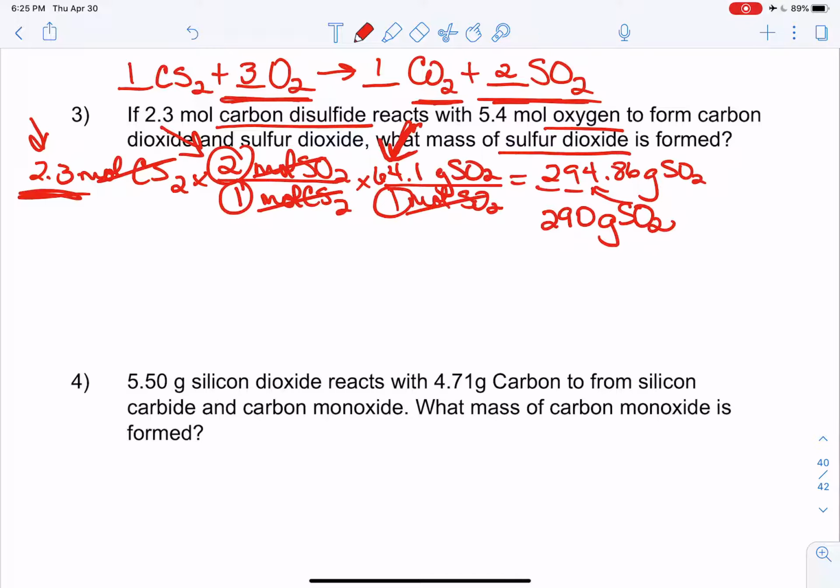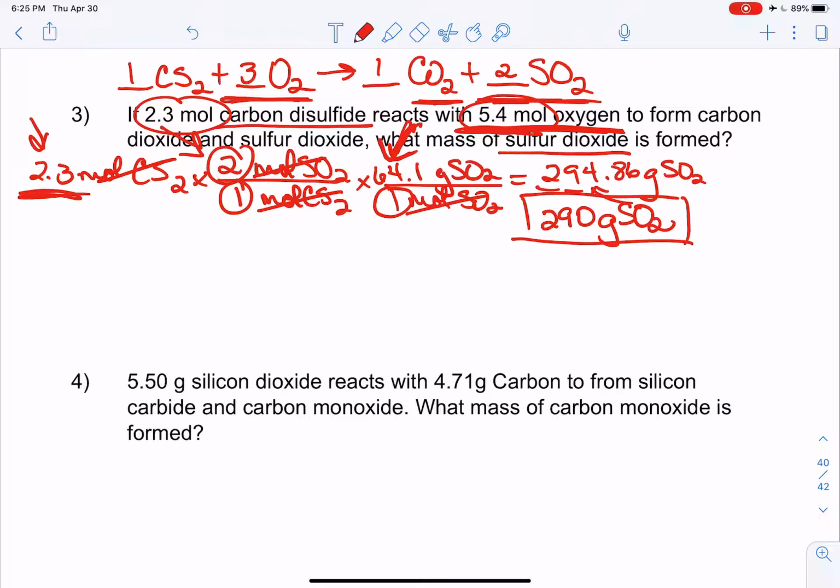And so we can possibly make 290 grams of SO2, but we need to see how much SO2 we can form with that 5.4 moles of oxygen. So right now, if we just look at the problem, we'll see we've got 2.3 moles of carbon disulfide and 5.4 moles of oxygen.